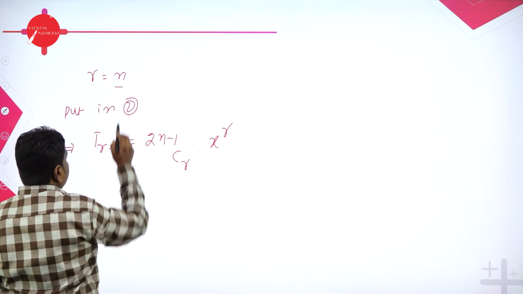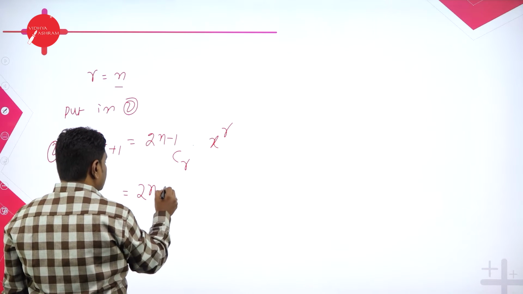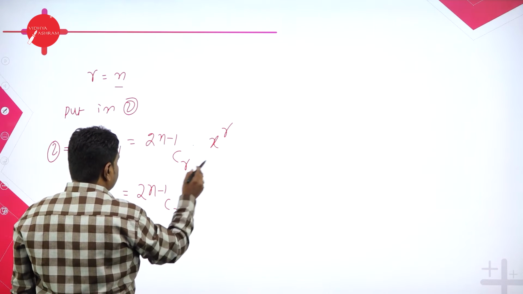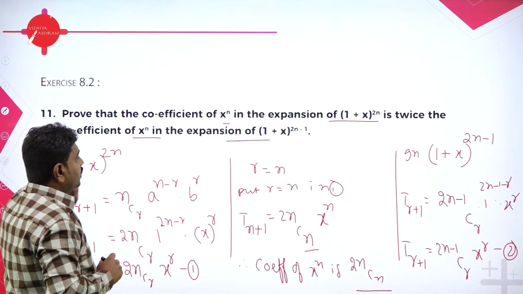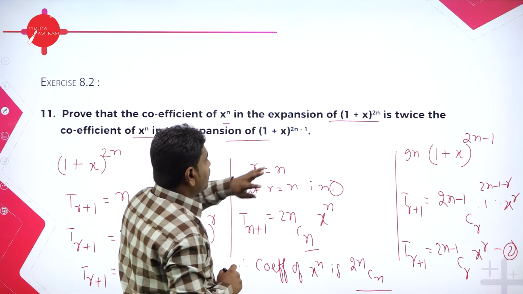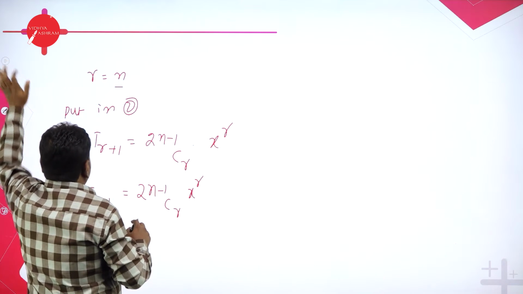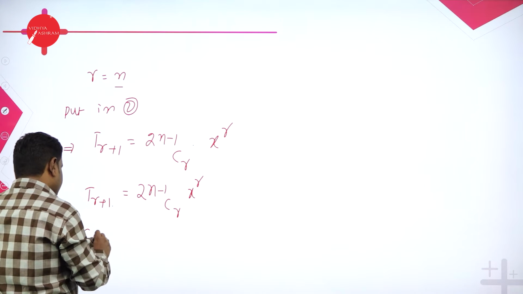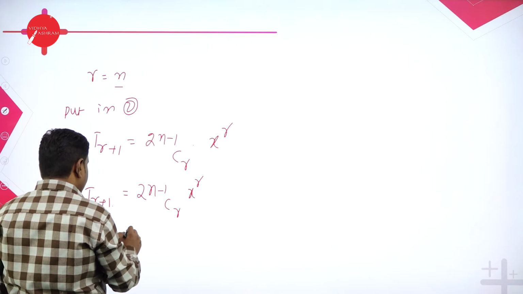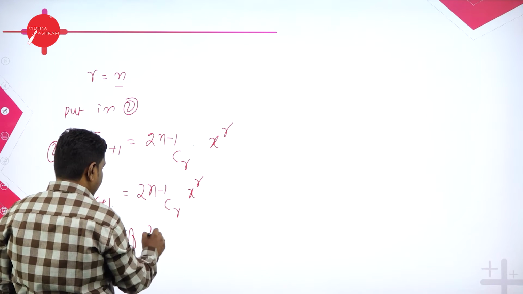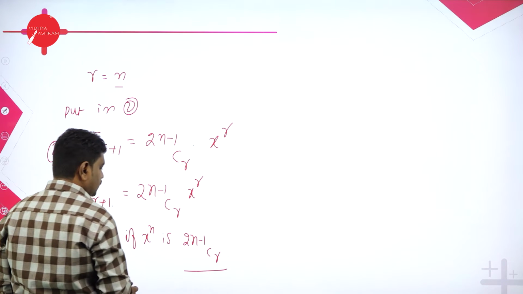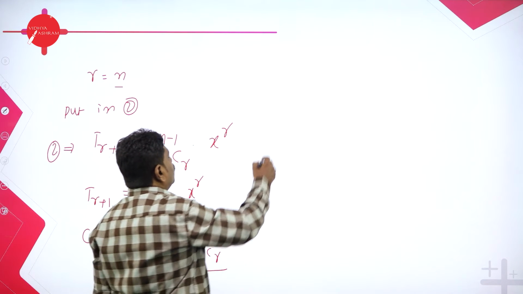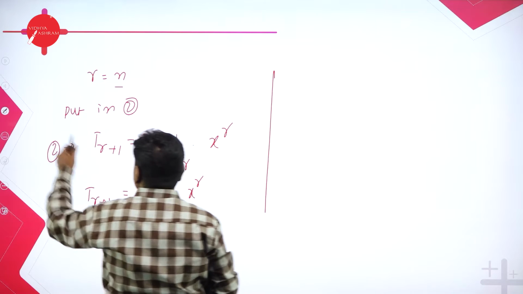Now in the place of r you put n. Therefore they told one is twice the other they want. So now I'll write the coefficient. Coefficient of x^n is 2n−1 Cn.